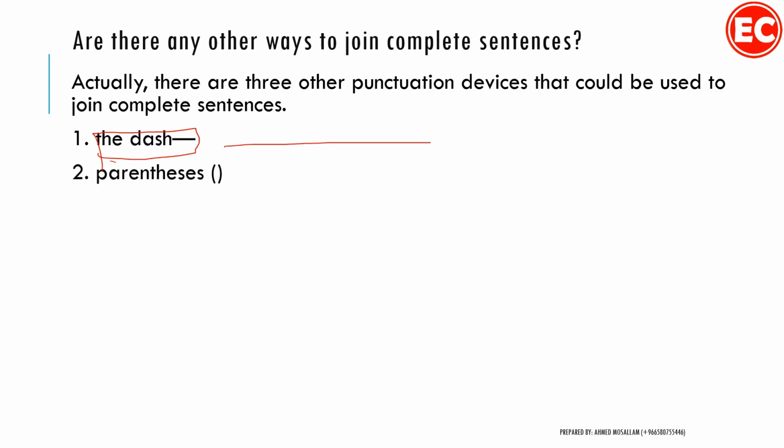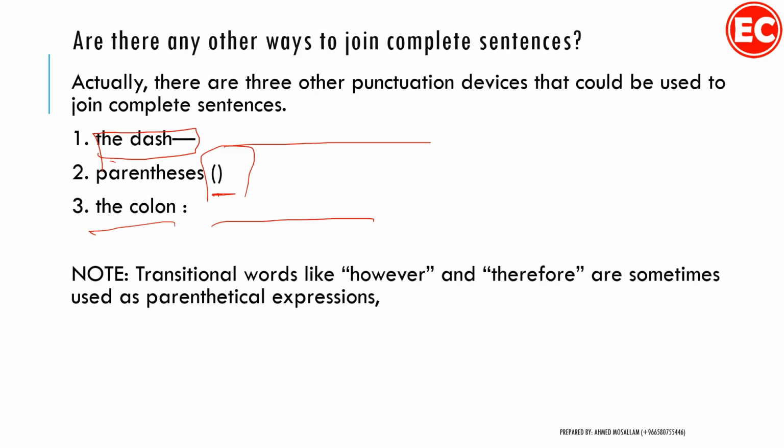A parenthesis you can use for any interrupter. And also the colon. Remember, with the colon we need a complete sentence before it, and then we may have a list or an explanation or definition afterward. This explanation or definition must be a complete sentence as well.